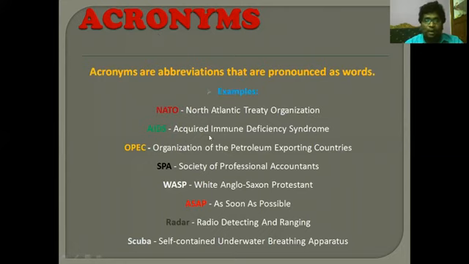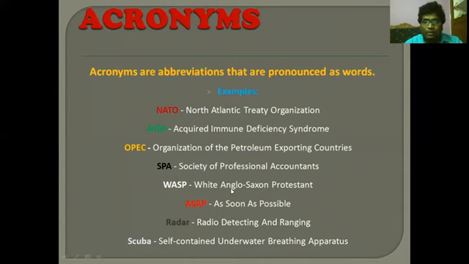And AIDS, Acquired Immune Deficiency Syndrome. We took all the initial letters of these words and formed AIDS. And we took Organization of Petroleum Exporting Countries, took all the initial letters and made it OPEC. And Society of Professional Accountants, which is formed as an acronym, SPA.